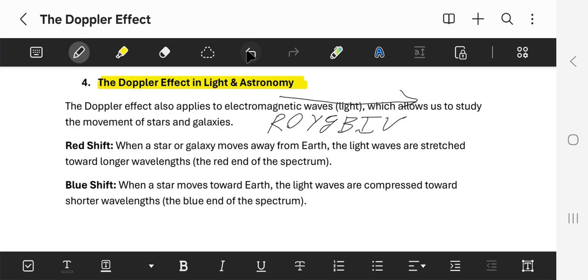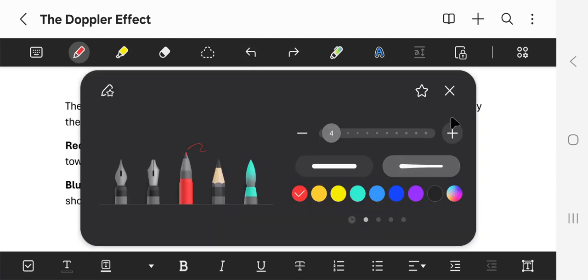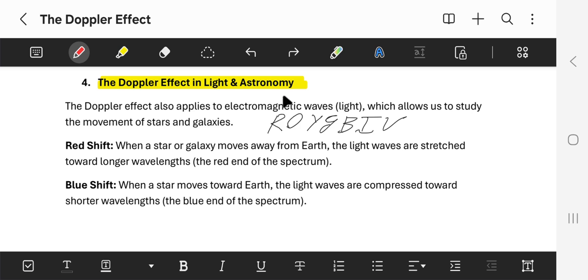Let me use a different color there. So when we are moving from the red to the violet, we'll be increasing in frequency. And when we are moving from violet to red, we will be increasing in wavelength.